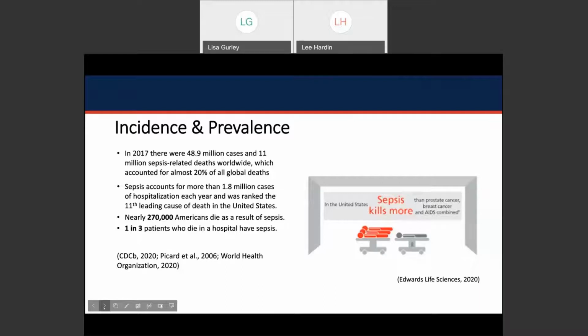In the United States, sepsis was ranked the 11th leading cause of death and accounted for more than 1.8 million hospitalizations and resulted in nearly 270,000 deaths. When you look at these figures, they are staggering, considering that sepsis is considered to be both preventable and treatable. These figures are also pre-COVID and are slated to be even higher over the coming year as a result of the recent COVID-19 pandemic.